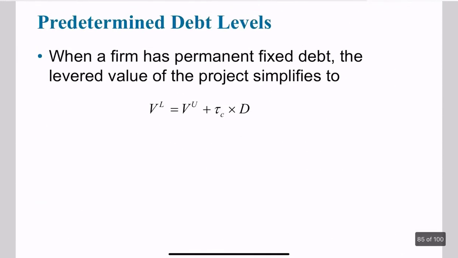Another special case is if the firm has permanent fixed debt, then the levered value of the project will be just the unlevered value plus the corporate tax rate times the debt level.